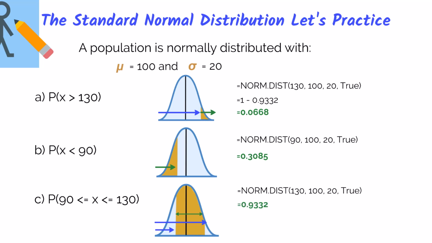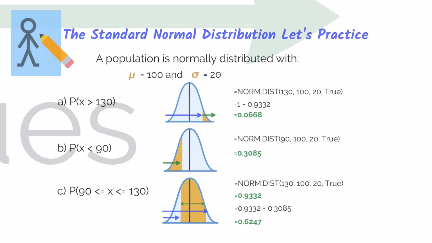But here, we'll be using the probability from the function that represented the area from left to right, or 0.9332. Next, we'll use the probability we found in part B and subtract 0.3085 from 0.9332, and we get 0.6247 for the probability of x being between 90 and 130.